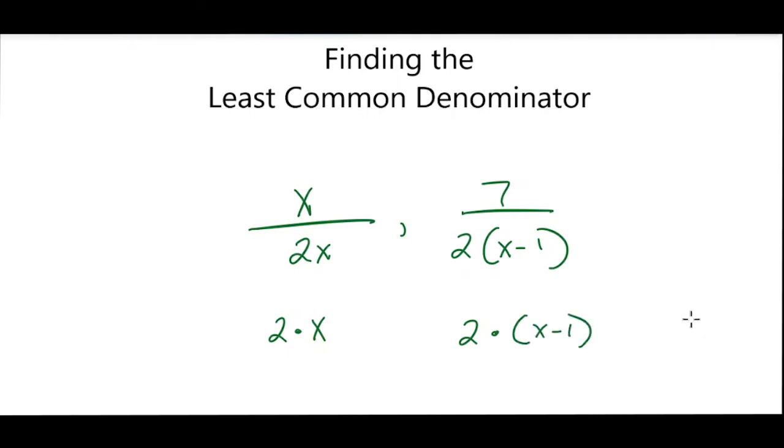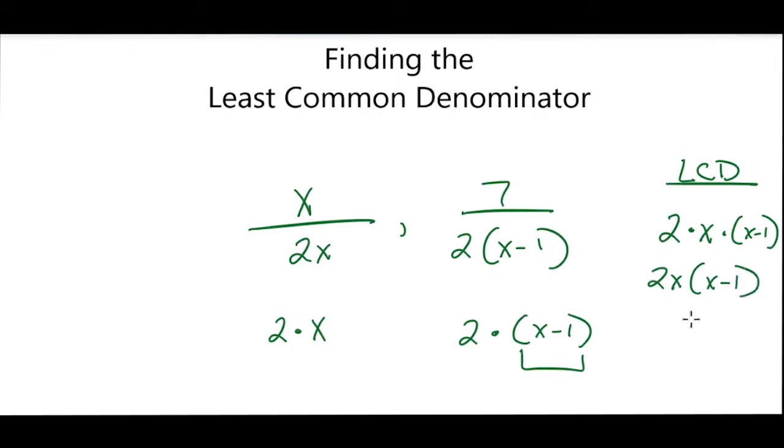Alright, so if I'm looking for my least common denominator, you'll notice that the highest power of 2 is 1, so I will say 2 times my highest power of x is x, and I have my x minus 1 here is also a factor, so that's times x minus 1. So that leaves me with 2x times x minus 1, and that is my least common denominator.